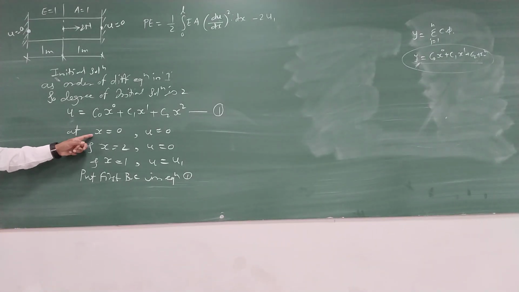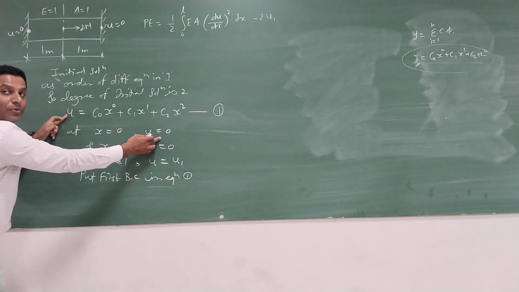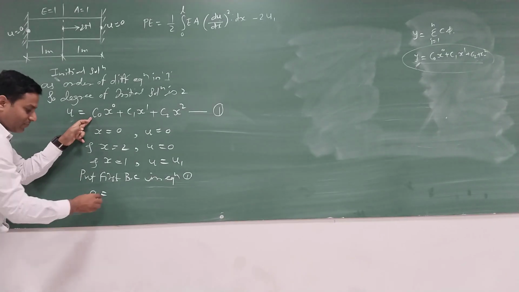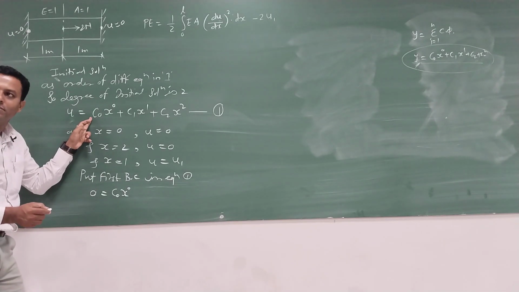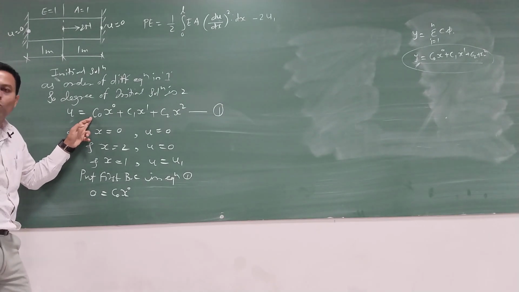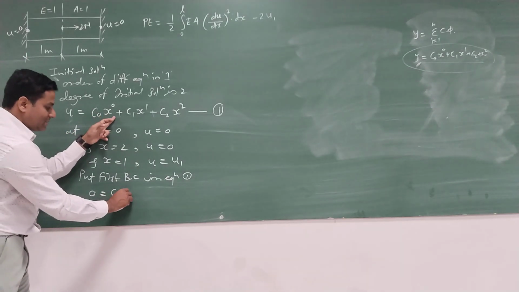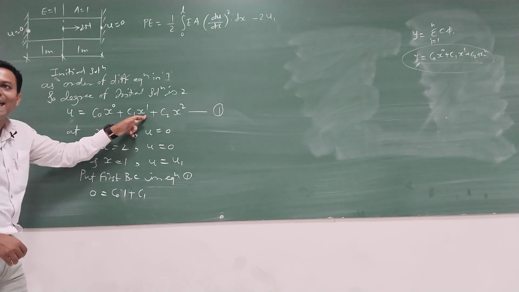So put first boundary condition in equation 1. काय येणार बघा? u 0 equal to c naught, x raised to 0 means x raised to 0, anything raised to 0 is 1, 1 plus c1 into x.